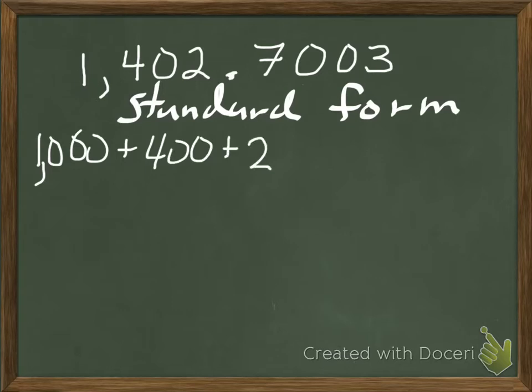Now, starting from the 2 moving to the right, we have decreasing place value. So we have things like the tenths, the hundredths, the thousandths, the ten-thousandths. So the 7 represents the tenths. So the 7 actually represents 0.7. The 0 following the 7, just to the right, is the hundredths. And in this number, there are no hundredths.